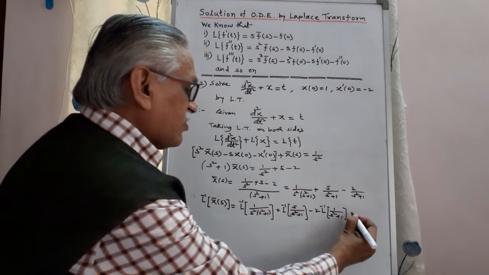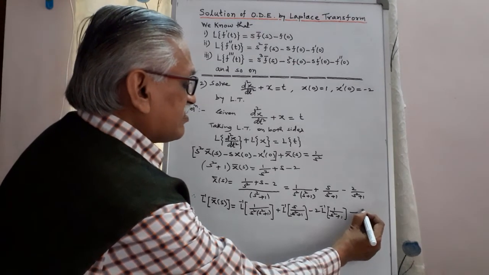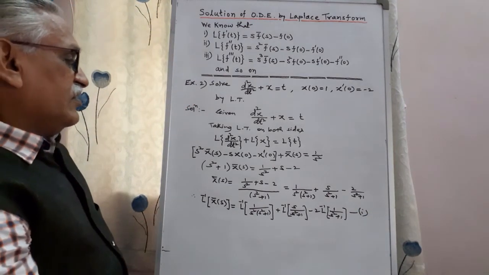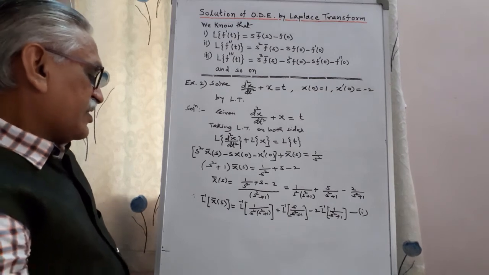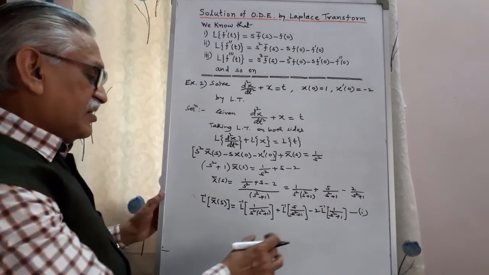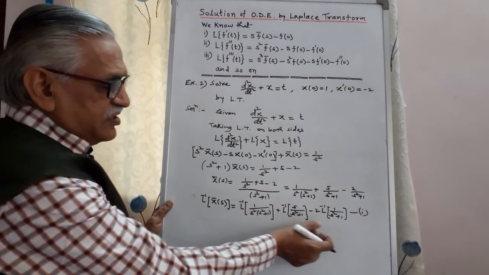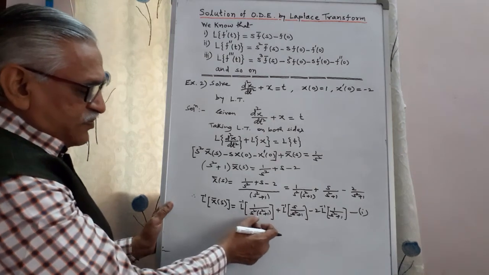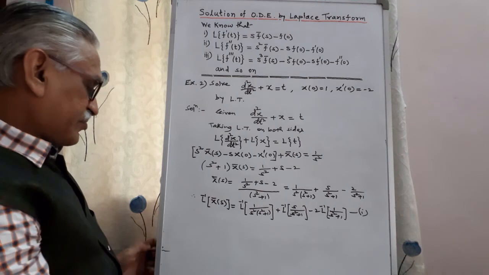We call this equation number 1. This is a standard result: inverse of this is cos t, inverse of this is sin t, and here it is a product of two terms, therefore finding this by convolution theorem.